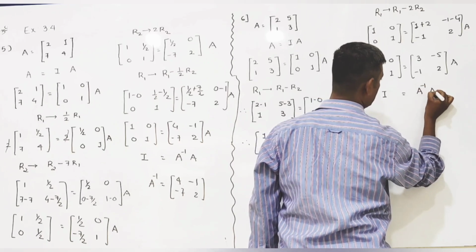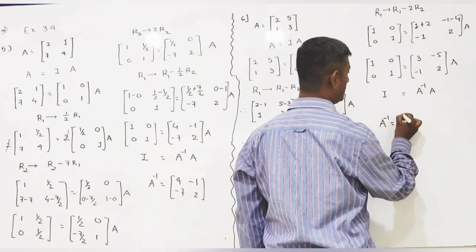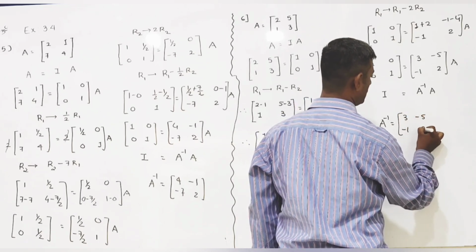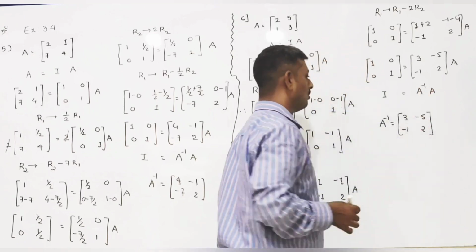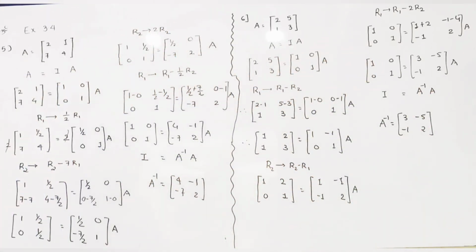This is A inverse into A. So A inverse is equal to 3, minus 1, minus 5, 2, which we required for the sixth example.